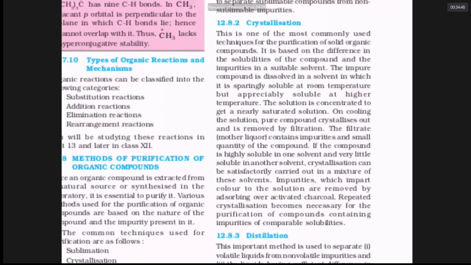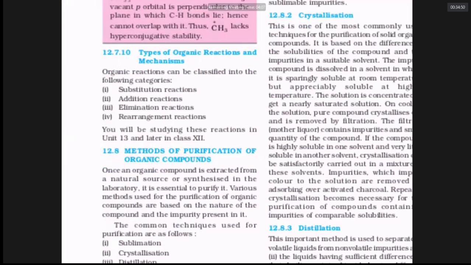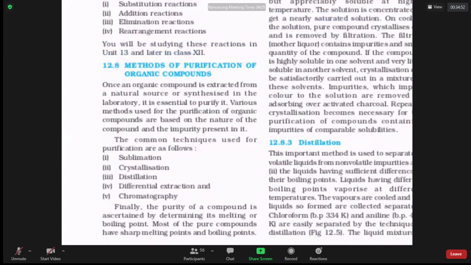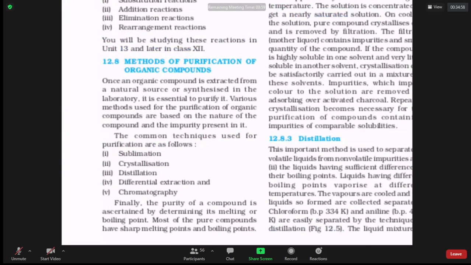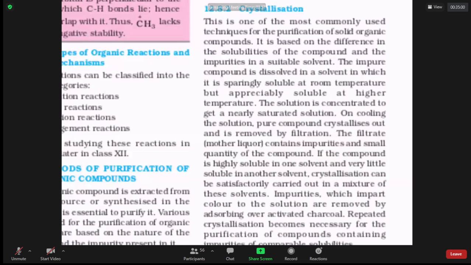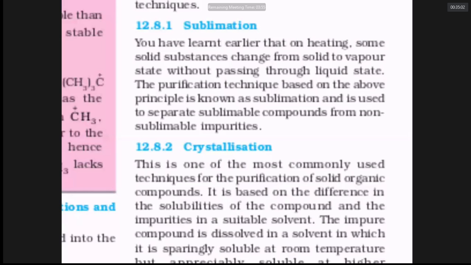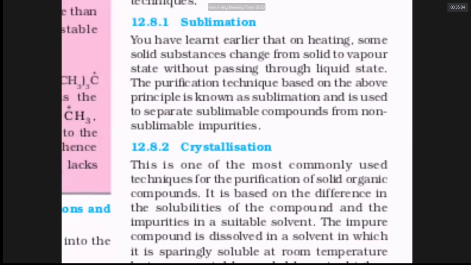Yesterday we have seen the types of organic reactions in detail, and methods of separation: sublimation, crystallization, distillation, differential extraction, chromatography. For sublimation, they have not given examples in the textbook, but I gave 3 examples: camphor, naphthalene, and benzoic acid. They can be separated from impurities.